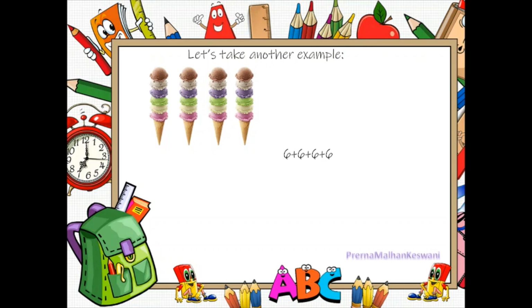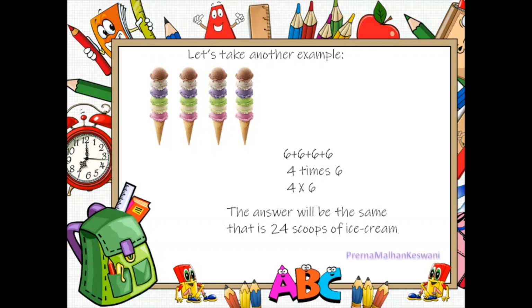That means 6 plus 6 plus 6 plus 6, or we can also write it as 4 times 6, which can also be presented as 4 cross 6. And 4 cross 6 gives you 24 as the answer. So that means, children, what we are doing here? We are adding the same number over and over.